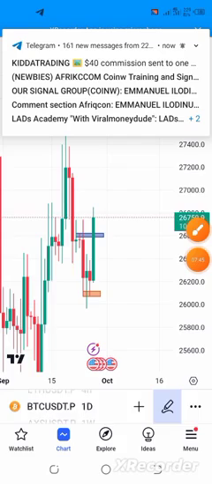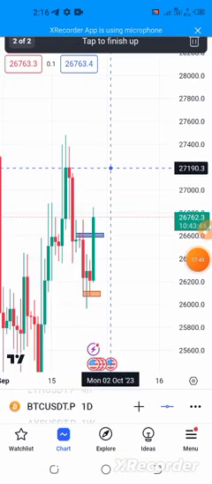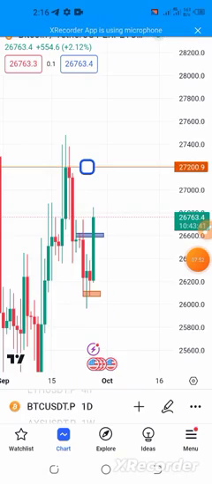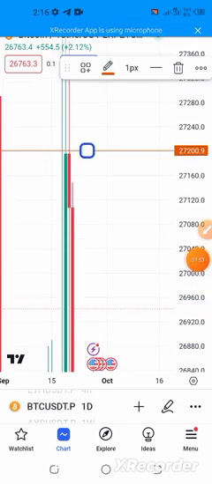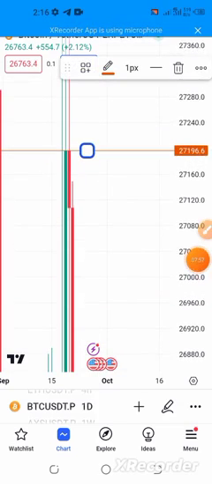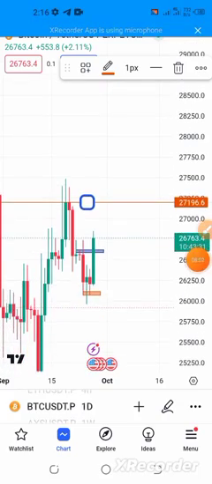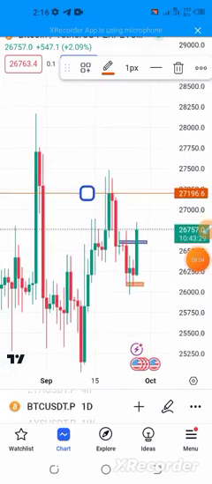So let me just use the horizontal line to mark there first. But there is something holding BTC not to move forward for now, and we will definitely get that.